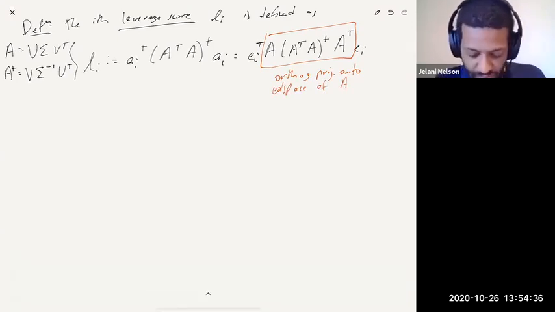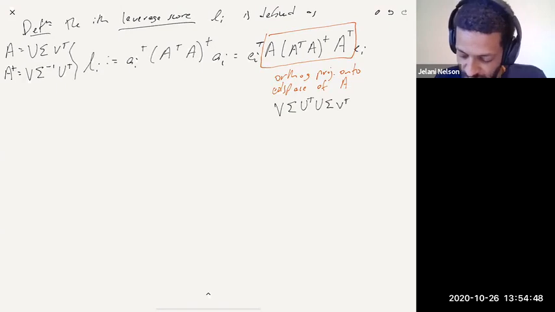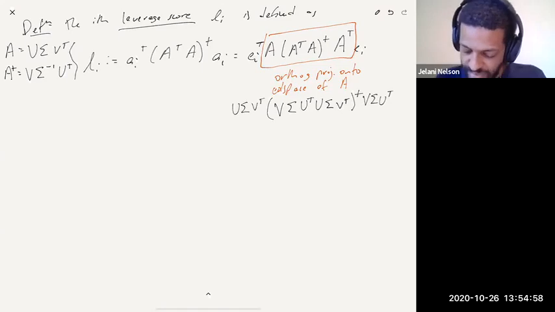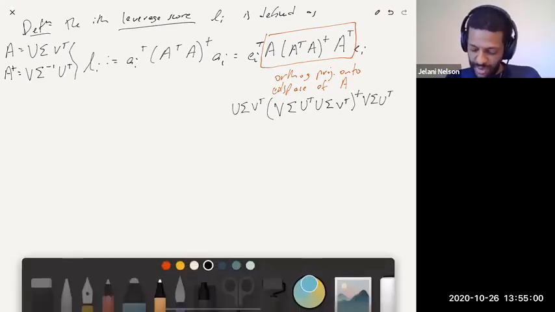If you just expand this out, A transpose A is V sigma U transpose U sigma V transpose. Then we're taking a pseudo inverse of that. And then we're taking A transpose, which is again V sigma U transpose, and then we have an A, which is U sigma V transpose. U transpose U is identity because it has orthonormal columns.